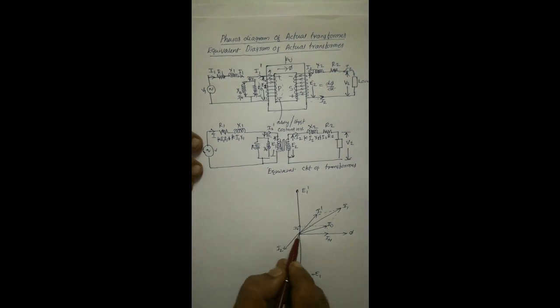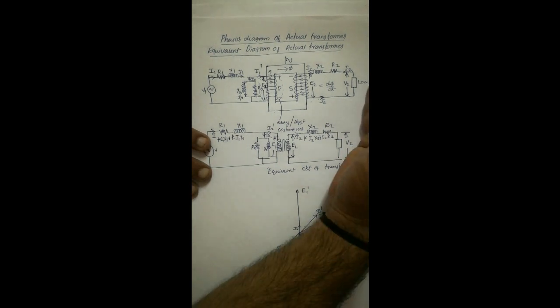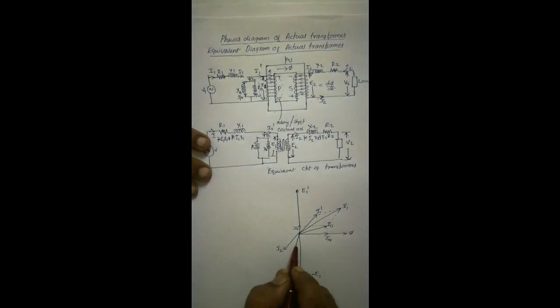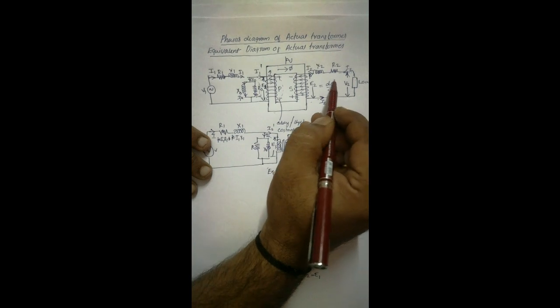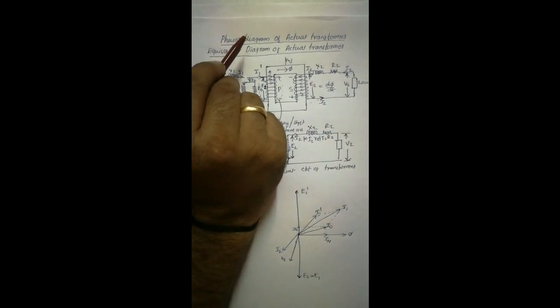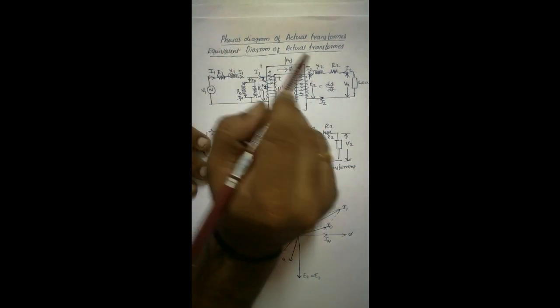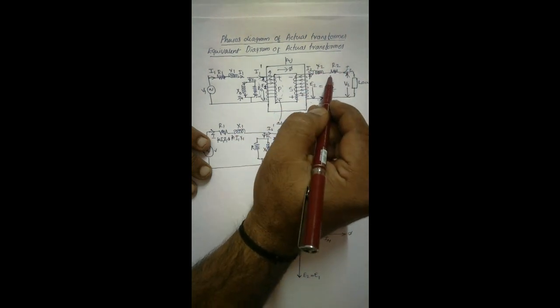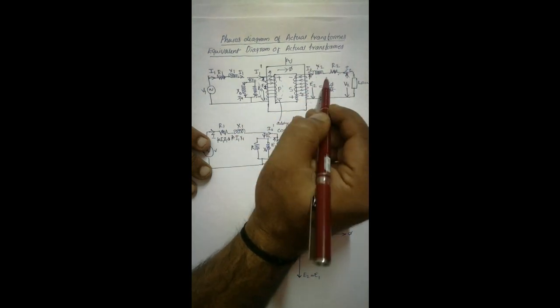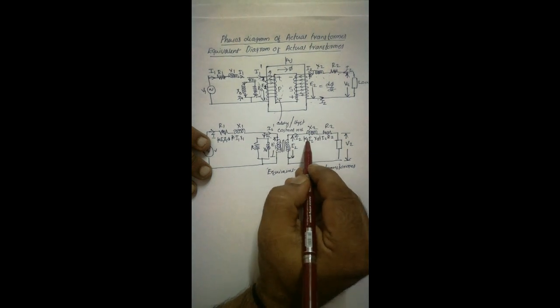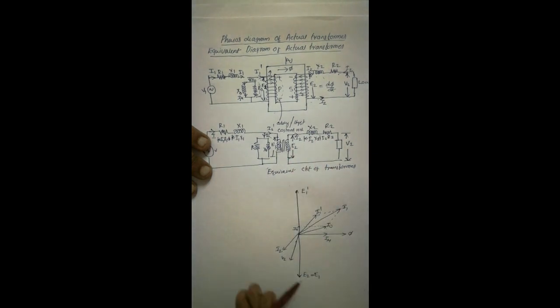Then we will write V2. We are coming from the secondary side to the primary. There is a V2. Then V2 plus I2R2 plus I2X2 we will get E2.